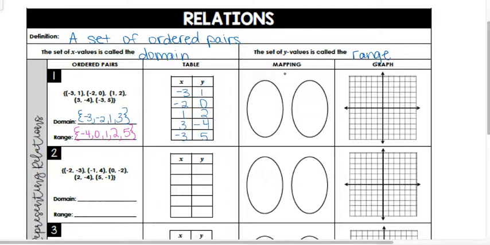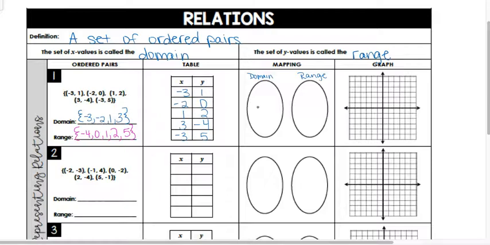So then we're moving over here to the mapping diagram, okay? And with the mapping diagram, you're doing the same thing for the domain and range, okay? And I'm just going to write it on there so that you'll know what we're doing, okay? That means that we are going to, first of all, only use one of the -3s, okay?